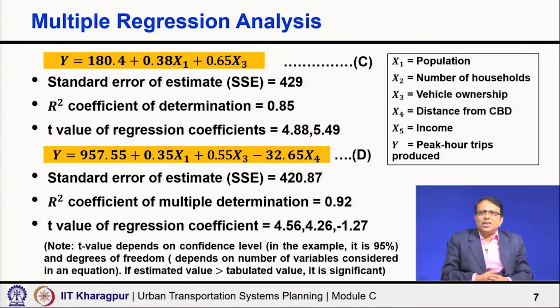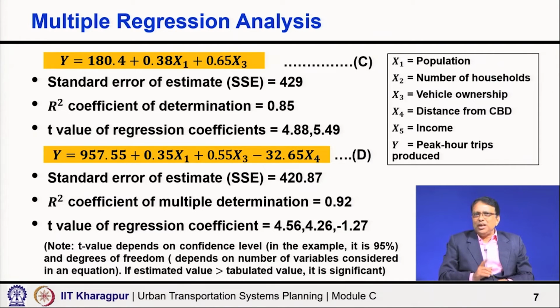Of course, I have indicated here the t value depends on the confidence level. Normally, we take 95% confidence level. Some cases you can even take 90% confidence level, that is also fine. And for planning purposes, we normally do not expect 0.92, which we have shown, because this is a hypothetical example. I have taken the freedom to put a high R square value, but this high an R square value is unlikely to be obtained in any planning studies, right. Even a lower R square is fine.